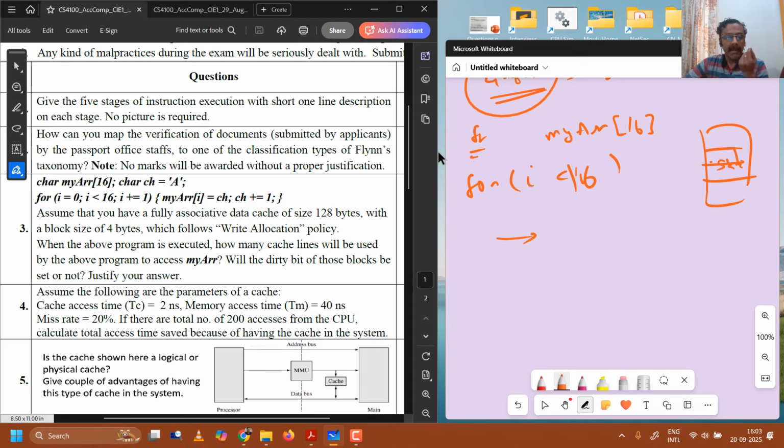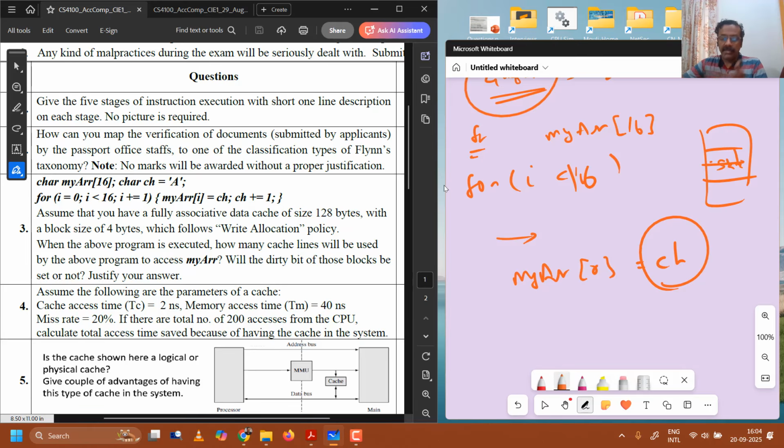That means it is accessing ch also, which may be residing in memory close to the array, because variables declared together are allocated on the stack one after the other, in contiguous memory space. So it is accessing ch and writing into the array.